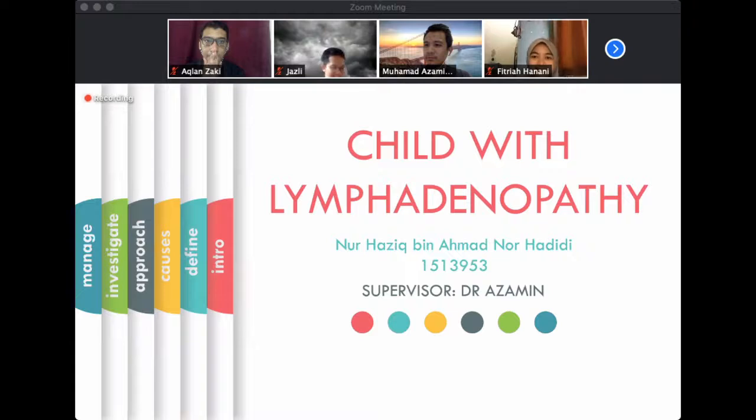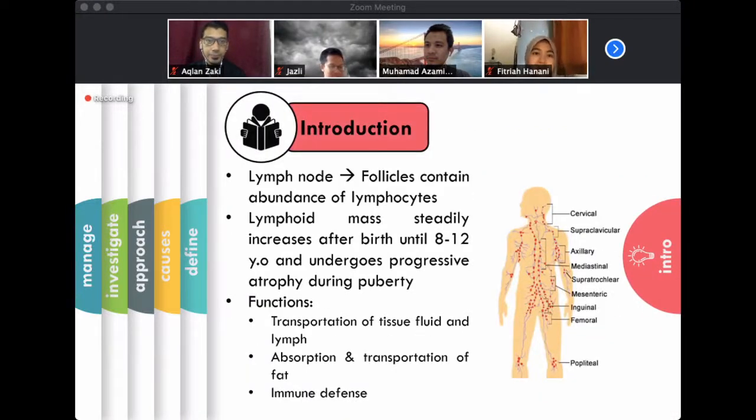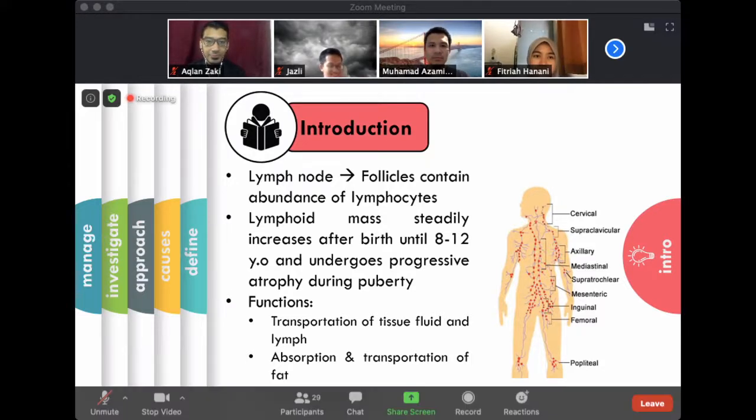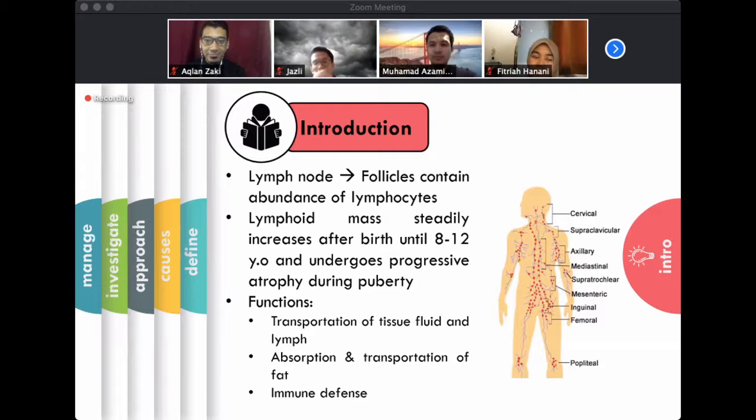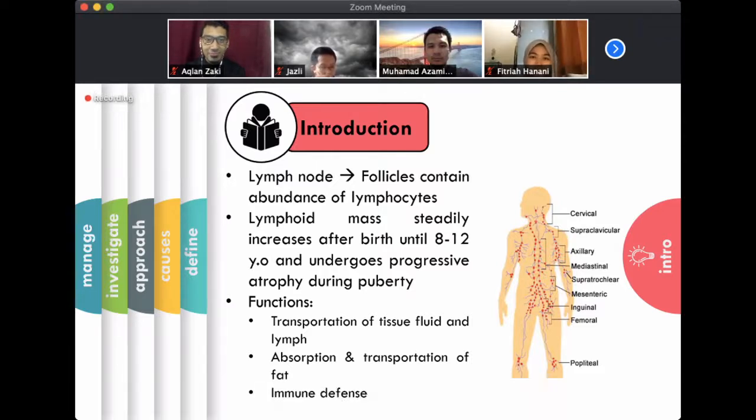So, for introduction, just for recap, the lymph nodes are composed of follicles that contain an abundance of lymphocytes. In children, the lymphoid mass steadily increases after birth until 8 to 12 years old before undergoing progressive atrophy from puberty onwards. The function of lymph nodes is mainly for immune defense and also for transportation of lymph and fat.